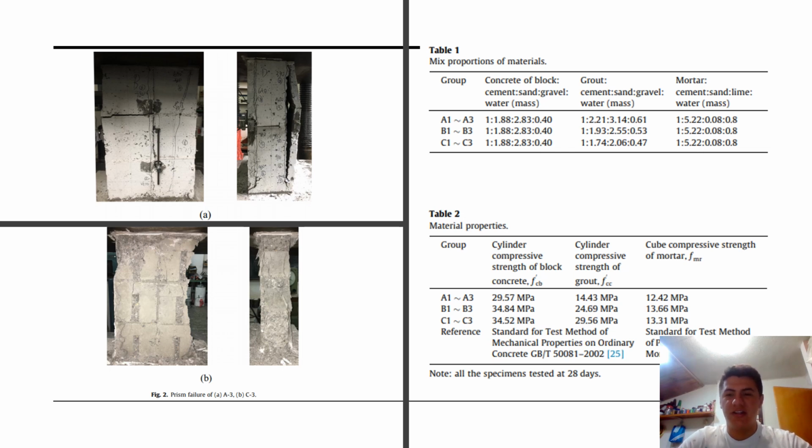Those are the ratios. Also, we can see the grout, mixed from cement, sand, gravel, and water, and the mortar, mixed from cement, sand, lime, and water. In Table 1 and Table 2, we can see the material properties and the reference of the materials.